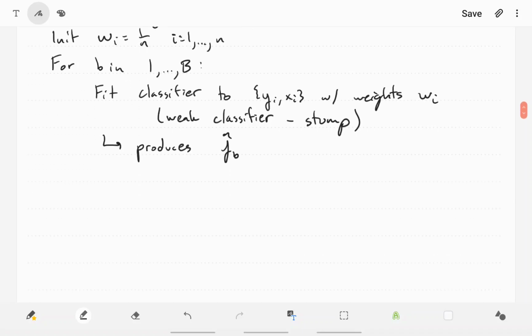Now, after we do this, we need to figure out how much we're going to weight f hat b. So let's compute our weighted misclassification error.